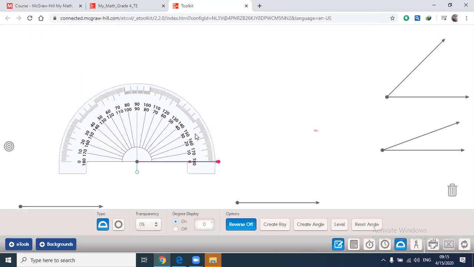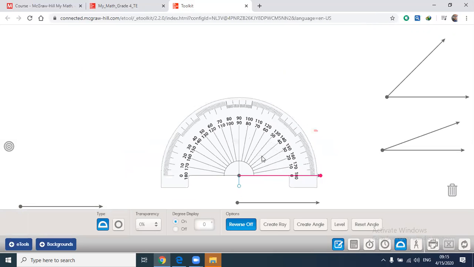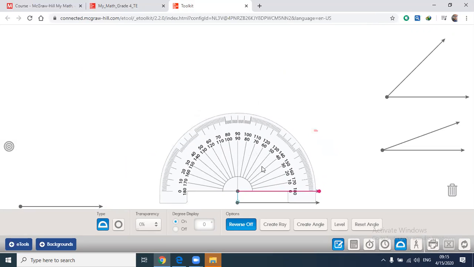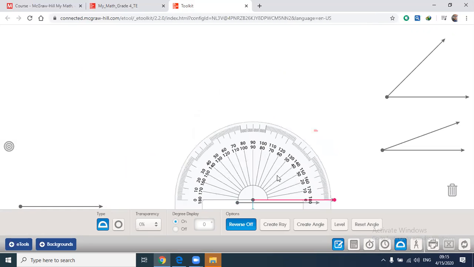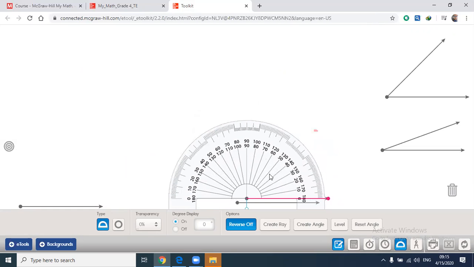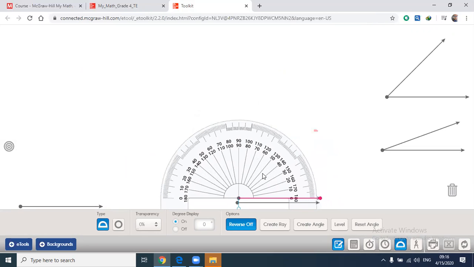I will place the protractor on the line. Where should I place the center of the protractor? Anywhere on the line? No. Where? The end point.